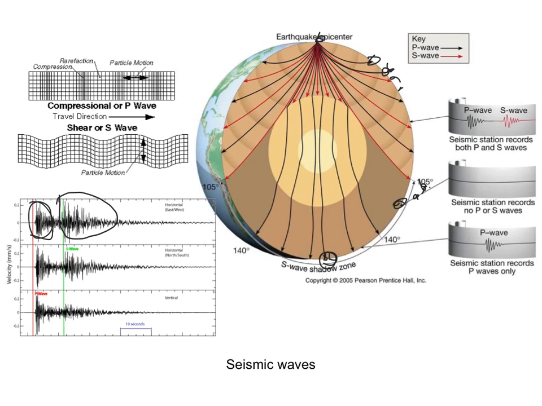By measuring whether or not an S wave shows up, the time it takes for a P wave and an S wave to show up in the areas where both are showing up, the time it takes for P waves to show up in the areas where only P waves show up, that has allowed geophysicists to say, well, in the middle of this ball that we call the Earth, there is some material that's different than what's going on in the mantle that is affecting how the earthquakes are being transmitted.